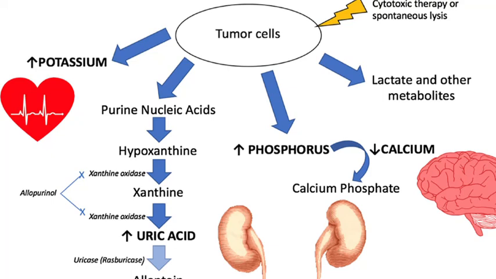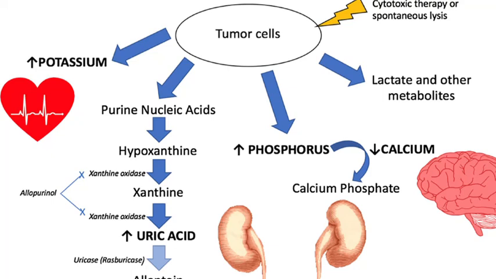We talked about rasburicase, which is a recombinant version of urate oxidase. Urate oxidase is not present in humans but is present in many other mammals, and it converts uric acid into allantoin.